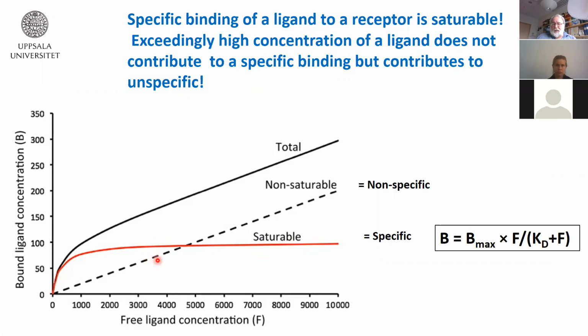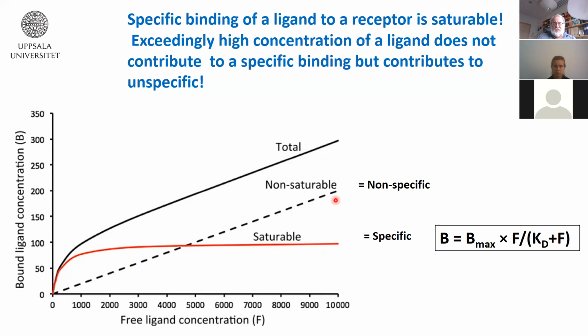No specific binding, I would say, because there is always in a biological system some unspecific binding. And unspecific binding is typically directly proportional to concentration. So if you increase the concentration of your ligand well beyond the dissociation constant at equilibrium, the contribution of unspecific binding will grow, grow, and grow.